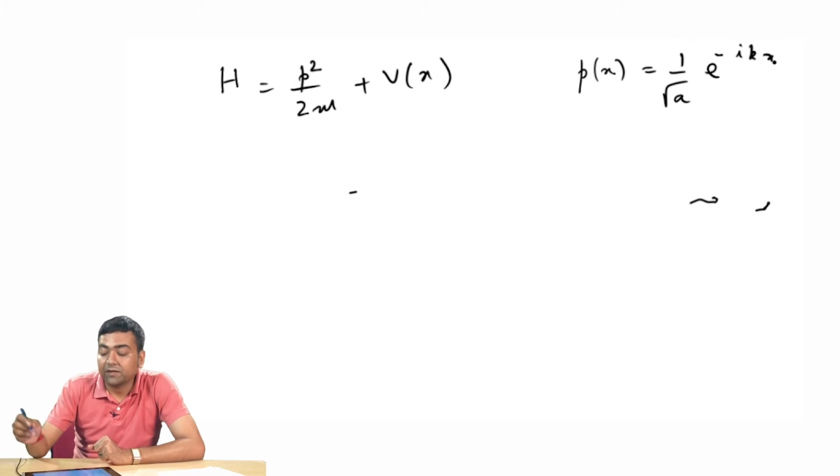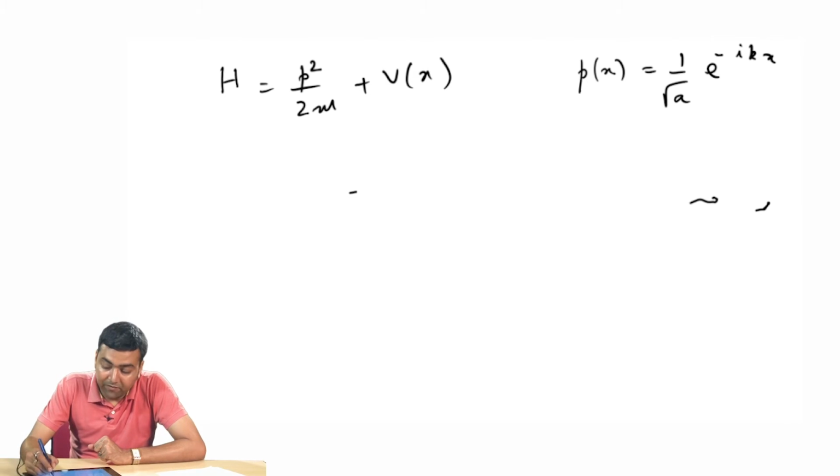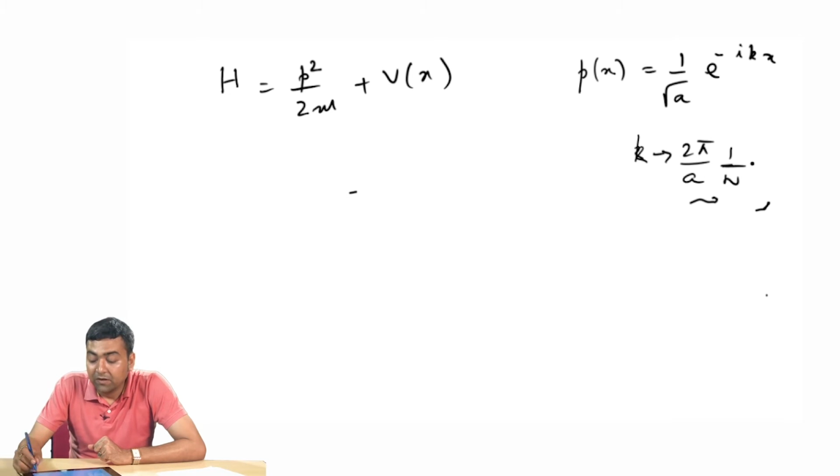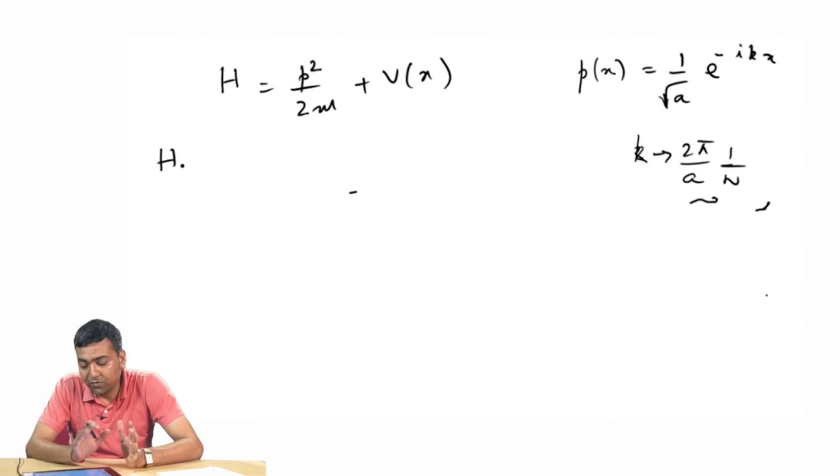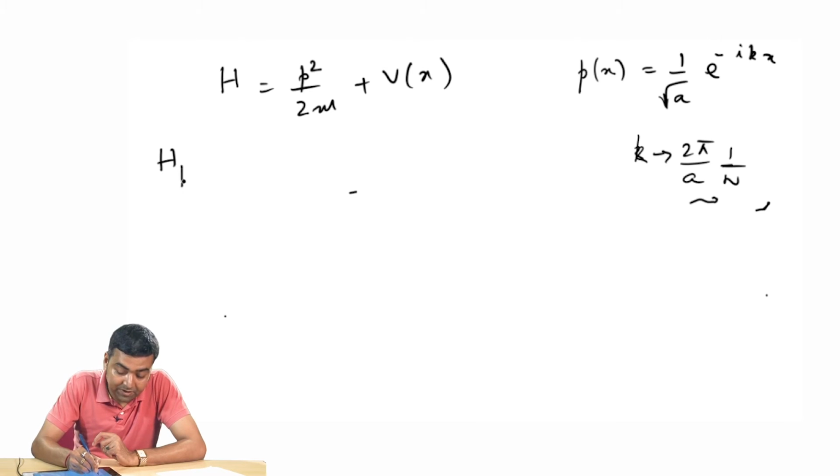I will use a set of plane waves with k's given by twice pi by a into 1 by n, and I will expand my wave function in this plane wave basis. Basically, we need to find the matrix elements h p k using this basis function. What that amounts to is we have to find these integrals.